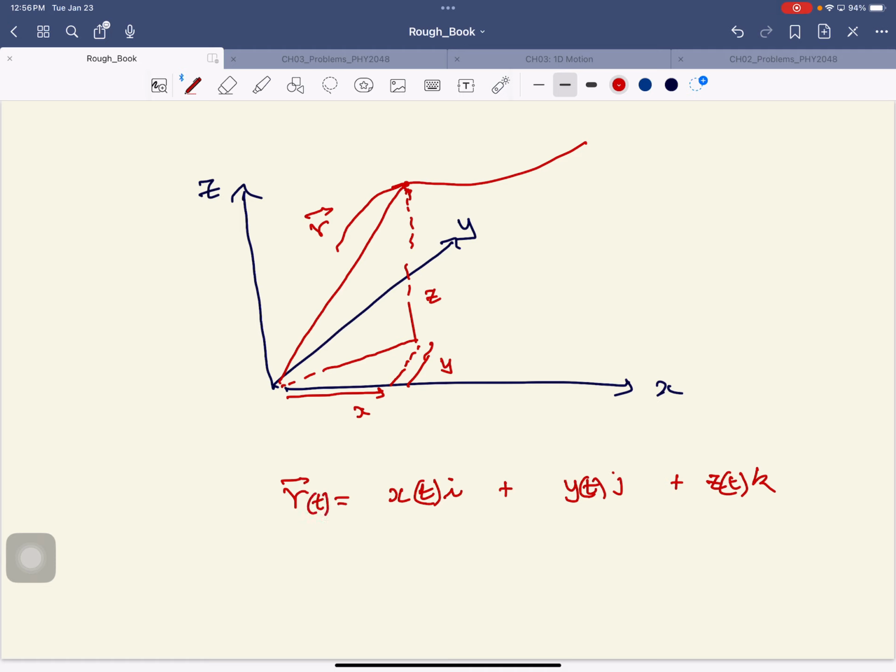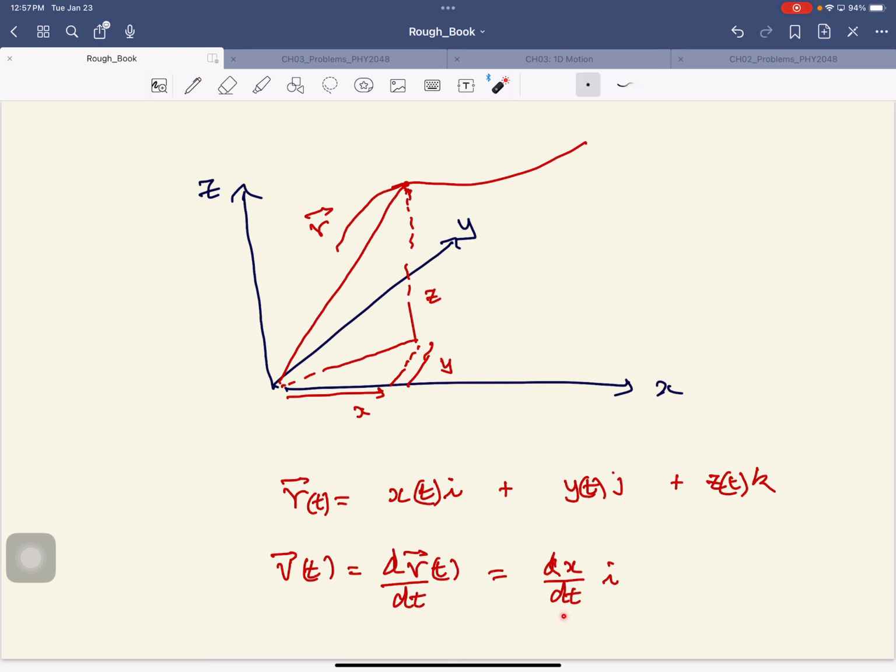What is the velocity? Remember, this is coming in the next chapter, but you're already good enough to understand this. You take the derivative of three functions. Take the derivative of that function, so dx by dt i. What is this?